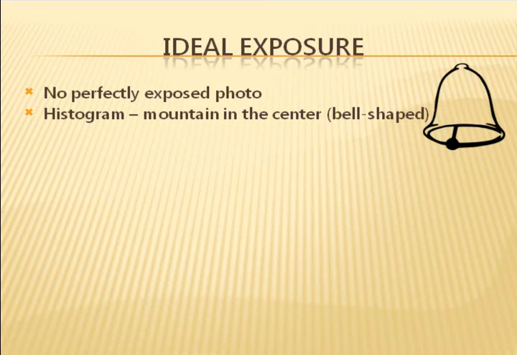Of course, this bell is not symmetrical, but if it were, imagine it perfectly symmetrical, that would be a perfectly exposed photo if you had a bell-shaped histogram like that, where it reached from the right to the left on the histogram, sloped slowly on the edges, and had a mountain in the middle.